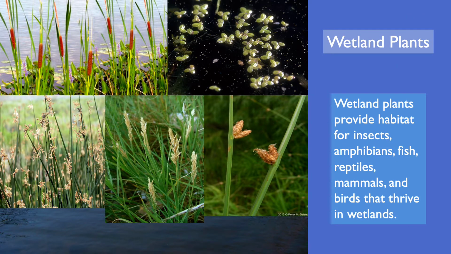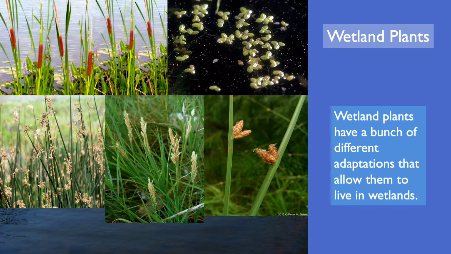Wetland plants provide habitat for insects, amphibians, fish, reptiles, mammals, and birds that thrive in wetlands. Wetland plants have a variety of adaptations that allow them to live and reproduce in flooded, low-oxygen conditions and during droughts. General adaptations differ for each wetland plant community, depending on conditions plants must face in that specific habitat.